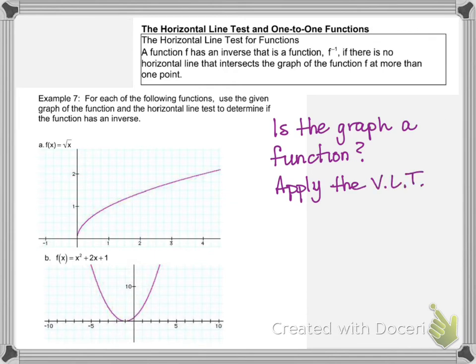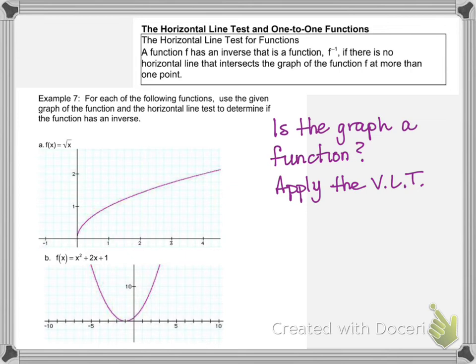And so when you look at this first graph in part A, does it pass the vertical line test? Basically what I'm asking you is, is this graph a function? And we notice that it is a function because every single time we drew a vertical line, it touched once, every single time, okay?